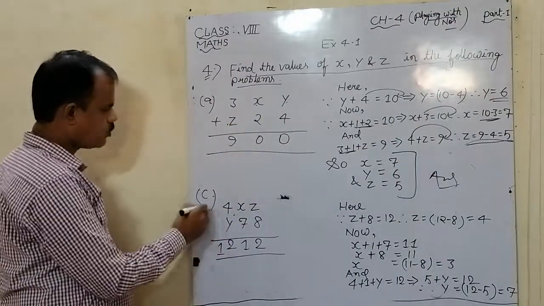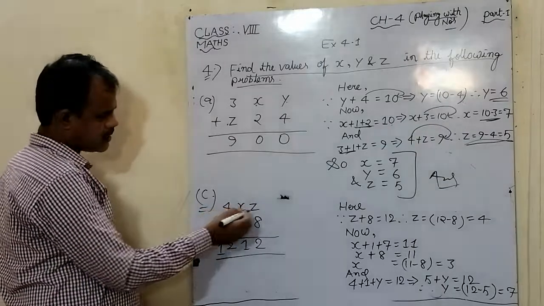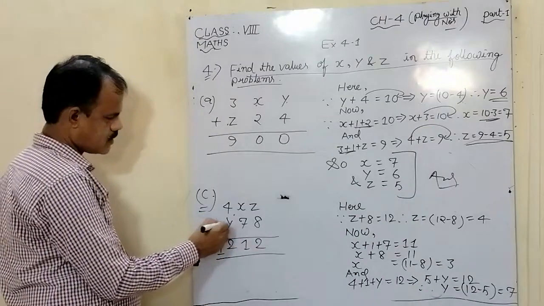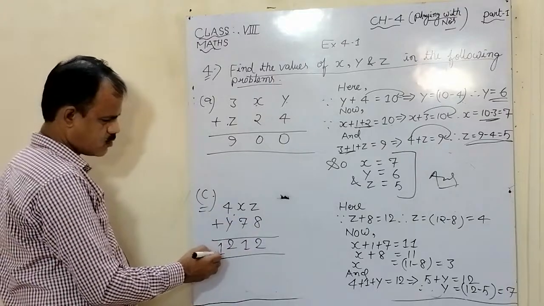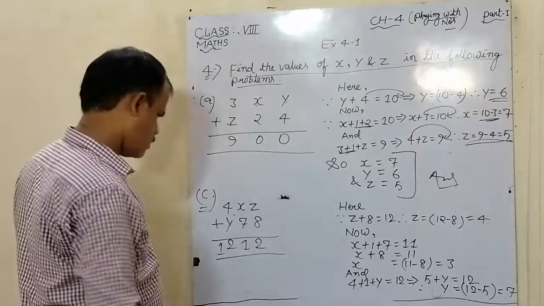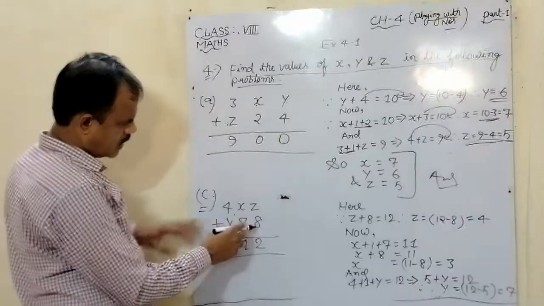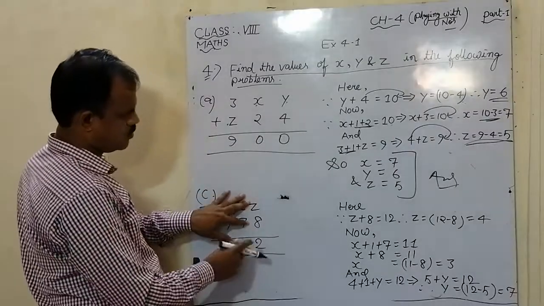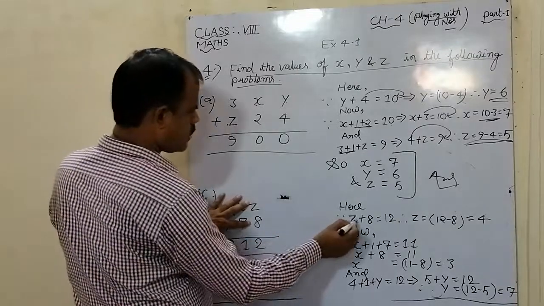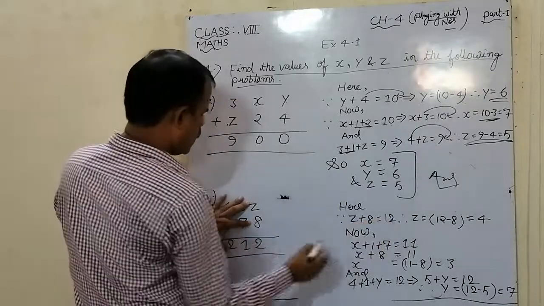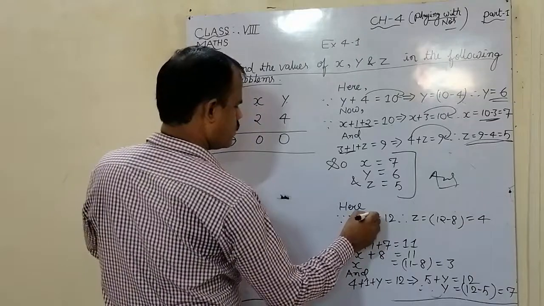Now see one more question. 4xz plus y78. The sum is 1212. So here you see z plus 8 equal to 2. 2 means 12. So we can write here z plus 8 equal to 12 and find the value of z.